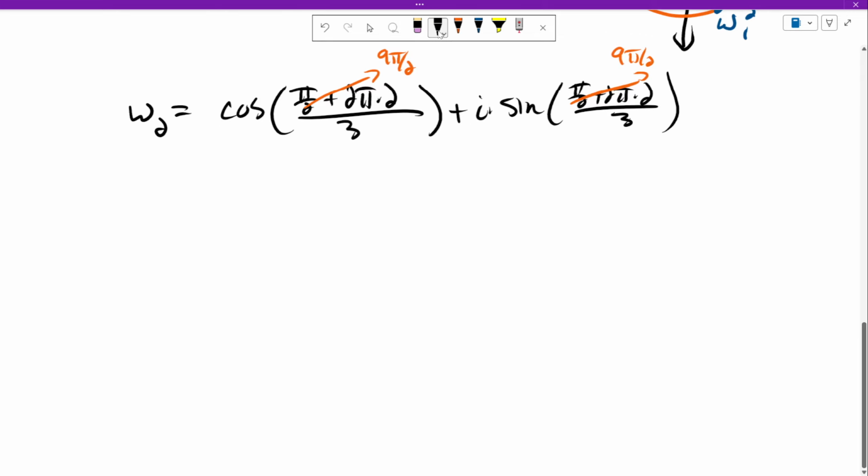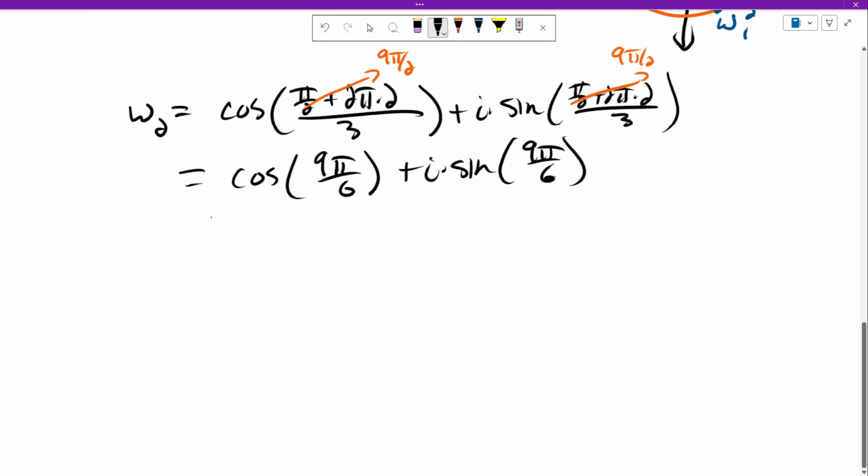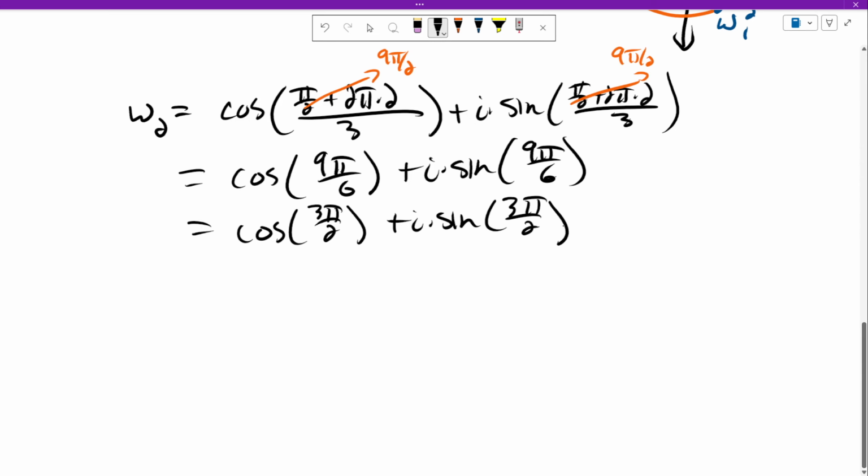Although you should double check my work, I make mistakes. So that's cosine of 9 pi/6, because we divide by 3 again, plus i sine 9 pi/6. Simplifying, we've got 3 pi halves, which is 270 degrees. Cosine of 270 degrees is 0, and sine is negative 1. So we get negative i.